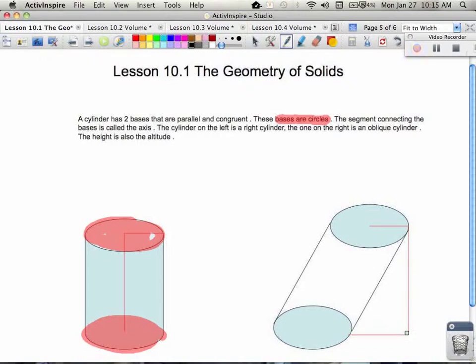Just like in our previous slides with other figures, this figure that I just shaded in is called a right cylinder because it is vertical and the height is also the altitude. And then on the right-hand side of our slide, this is an oblique cylinder because the height falls outside the cylinder, whereas in my previous one, my height is also inside my cylinder, and it's the altitude.